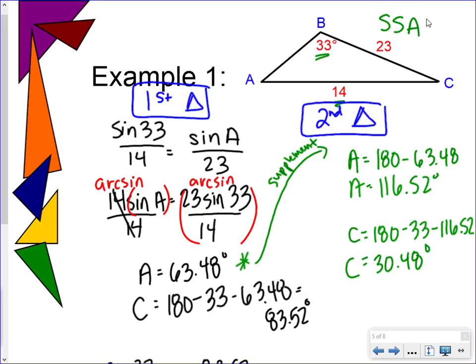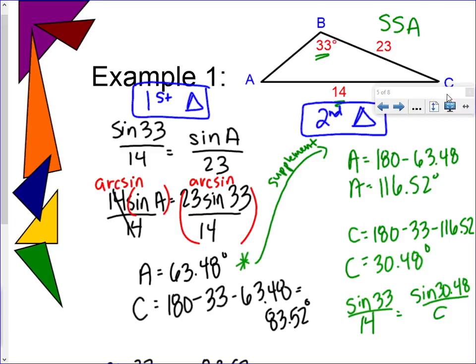Then you use that to set up a proportion. So remember, Carrie used sine of 33 over 14. That's the one ratio we know. And then we'll say the sine of 30.48 over C. Anybody get a value for C yet? 13.05? Anybody agree with that?